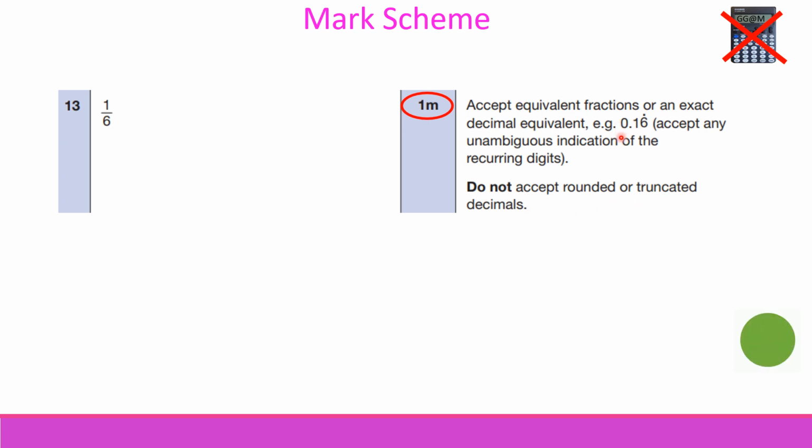So that means if you wrote the answer of 0.2 or 0.16 or 0.167, any of those answers, it is not accepted. So truncated means literally just chop off the last digit, so 0.1. Rounding just means you'd round up to 0.2. Please do not round, otherwise you will not get the answer correct. You have to give an exact answer.